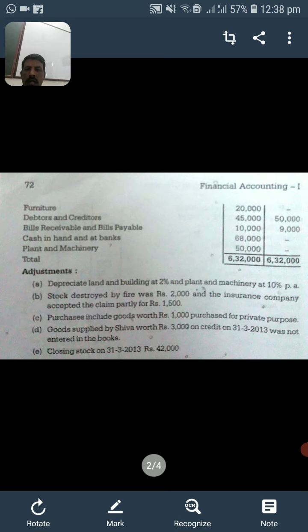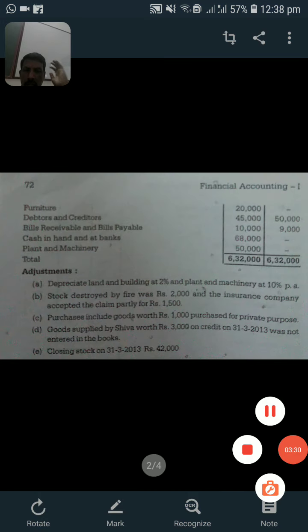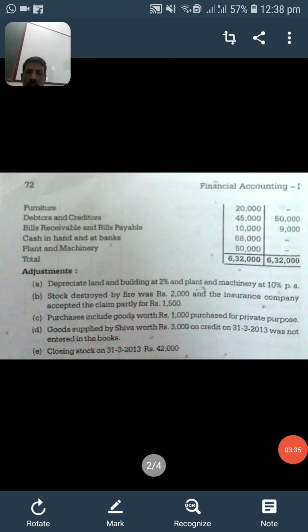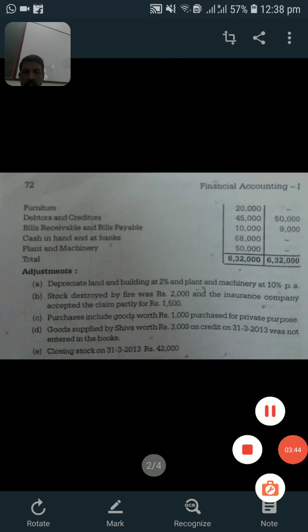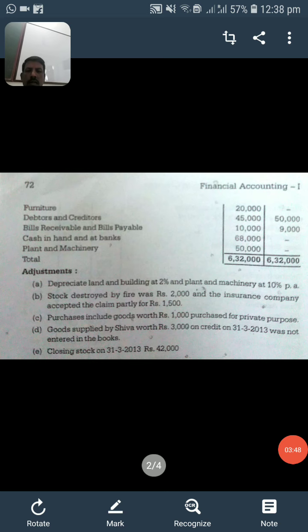Next, number C, purchases include goods worth rupees 1,000 purchased for private purpose. So this purchases is on private purpose only, not for company's purpose. Next, number D, goods supplied by Shiva worth rupees 3,000 on credit on 31st March 2013 was not entered in the books.